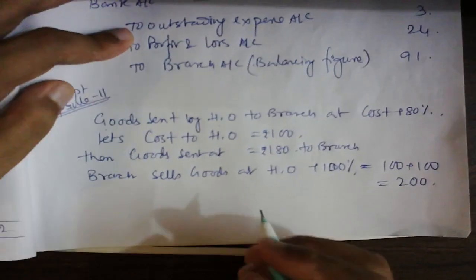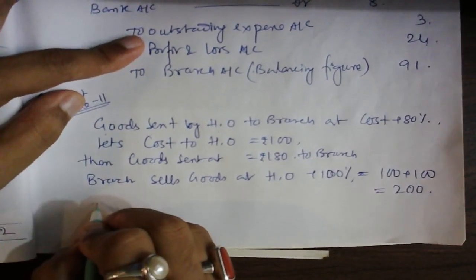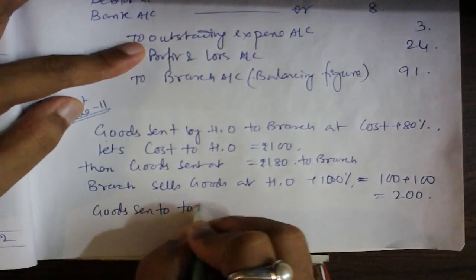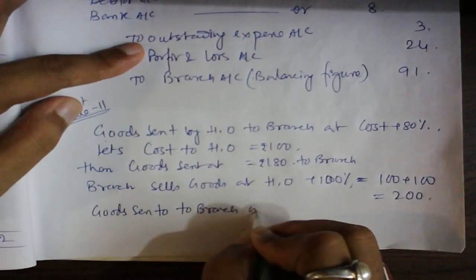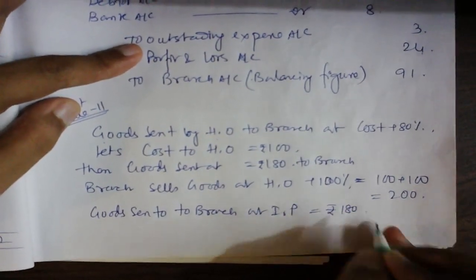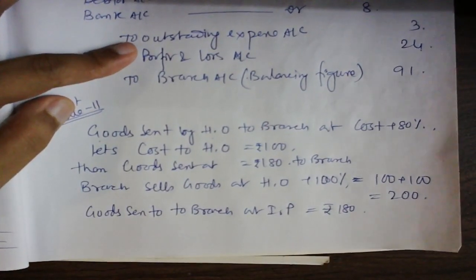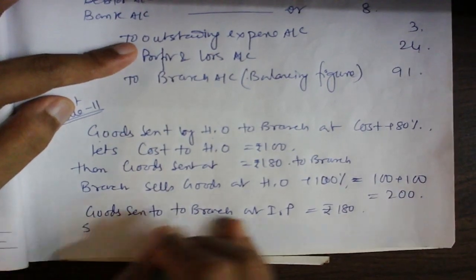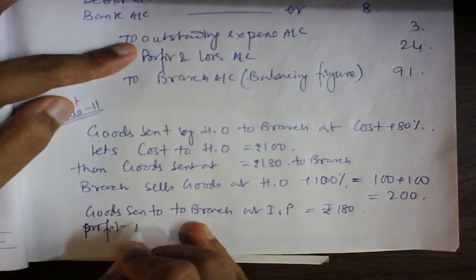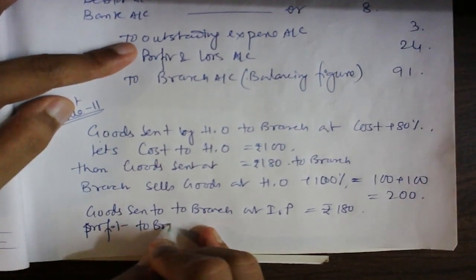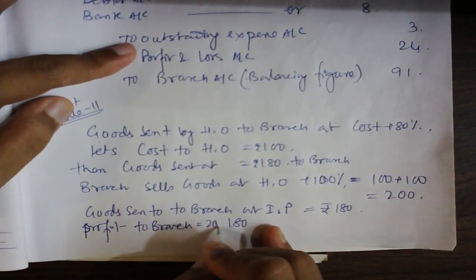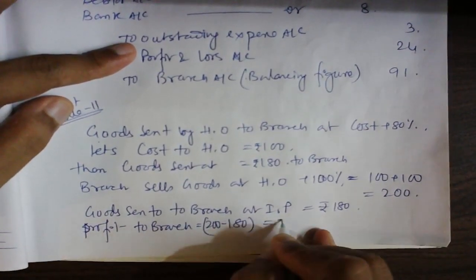Now let's see. Goods sent to branch at invoice price of 180, so the selling price of the branch is 200. So profit to branch is 200 minus 180, it is 20 rupees.